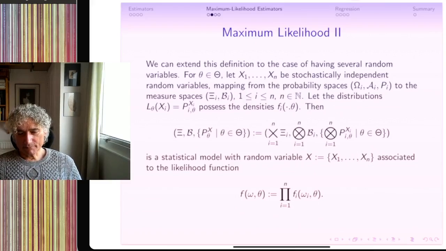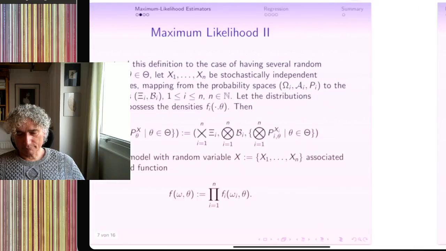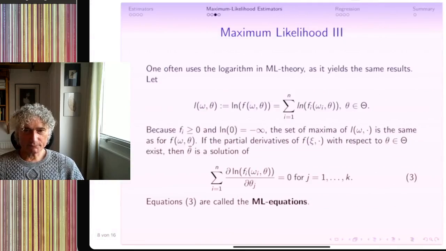Okay, let's discuss the logarithm of the densities associated to this larger statistical model. That is because very often in maximum likelihood theory one actually uses the logarithm, and I want to motivate in a second why.